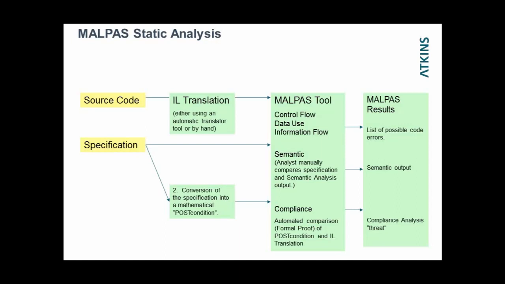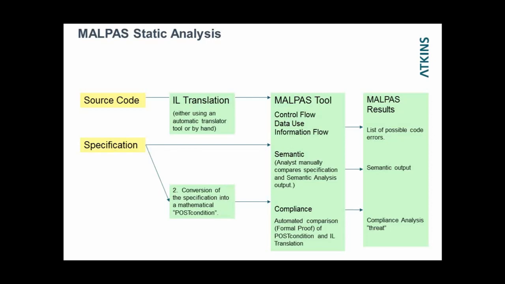So you run the code through the semantic analyzer and have the specification available, and you can check the output from the semantic analyzer manually against the specification, and it will reveal certain classes of error and discrepancies between the two. The second approach, which is the more rigorous approach, is the compliance analyzer, and this will do a formal proof that the code and the specification are consistent.